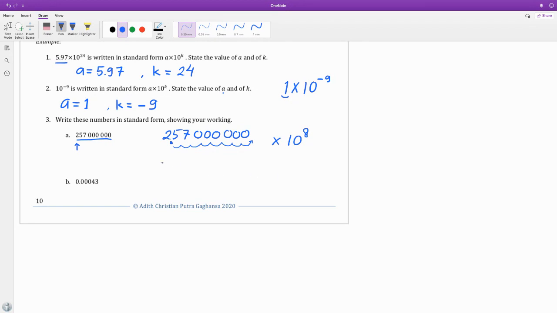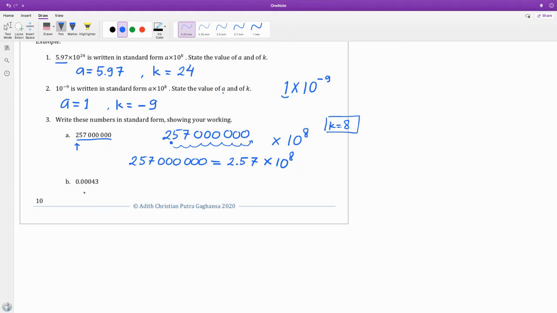Therefore, 257,000,000 equals 2.57 times 10 to the power of 8. Eight steps to the right, so k equals 8. Do you get it? Good. Let's move on to part B.